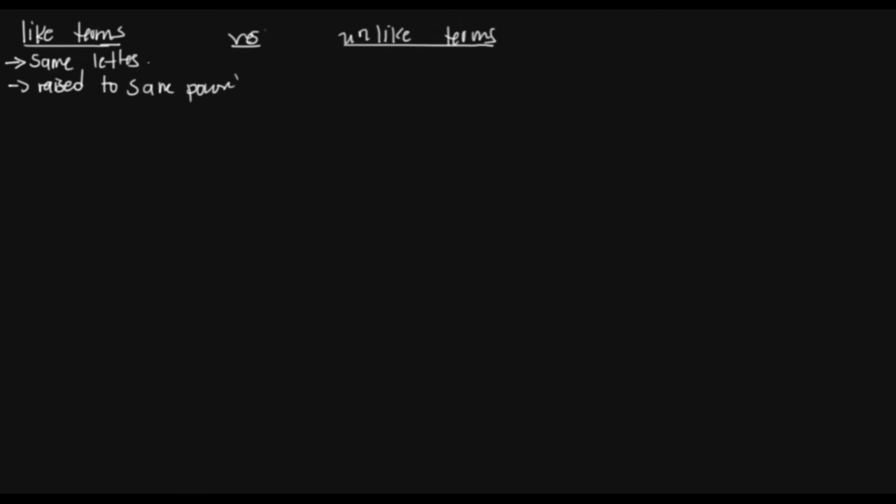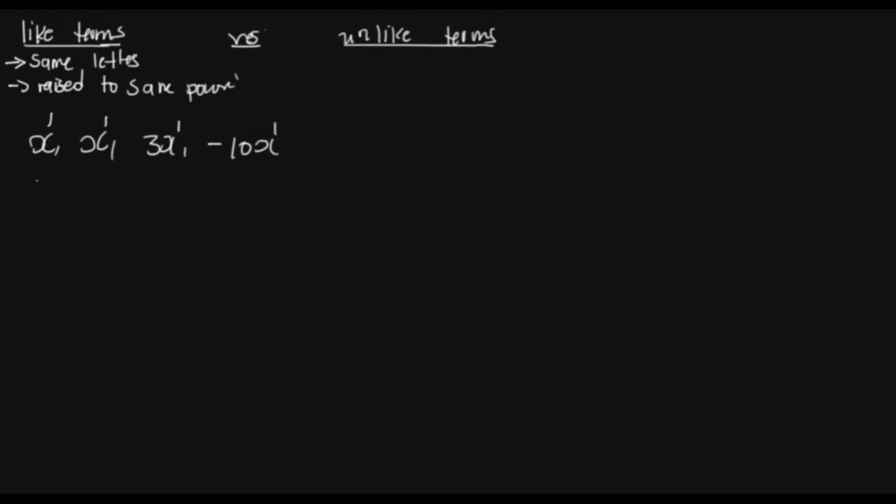So what this means is if I have x, another x, these two are like terms, or maybe 3x, negative 10x, all these are like terms because they all contain the variable x and they are all raised to the power 1. So you can see that each variable is raised to the power 1, so they qualify to be like terms.